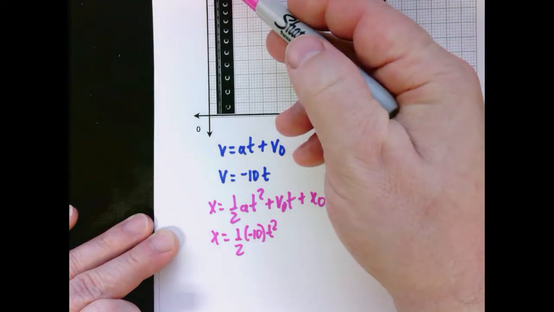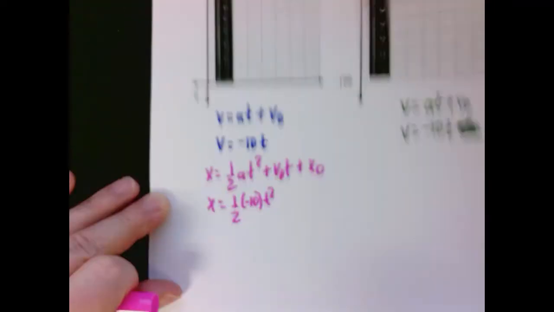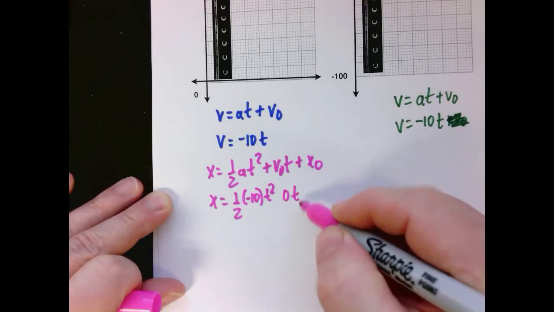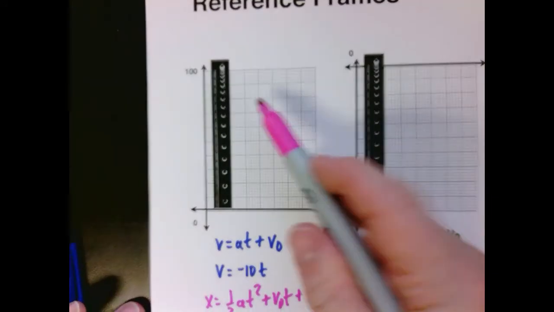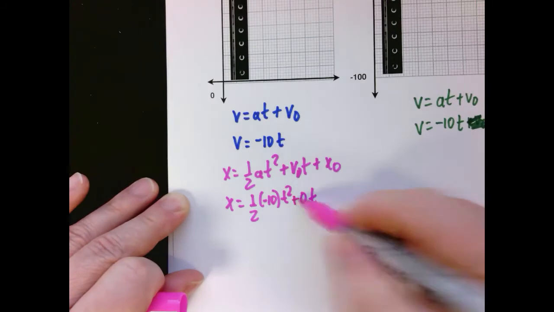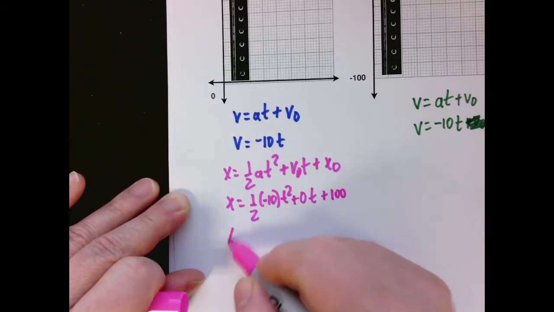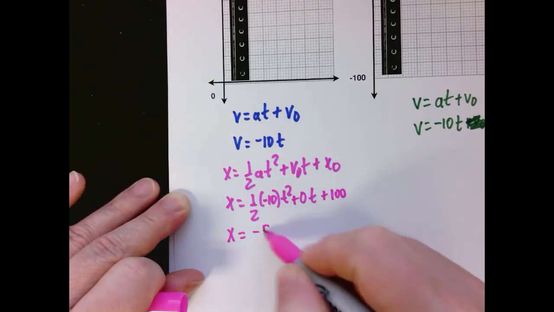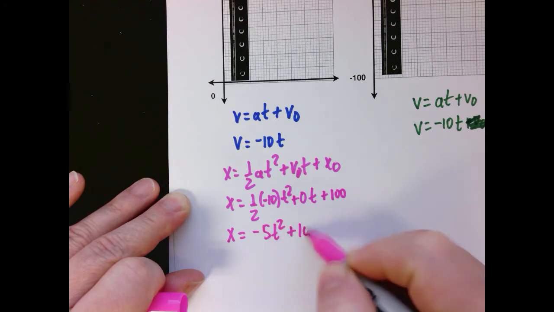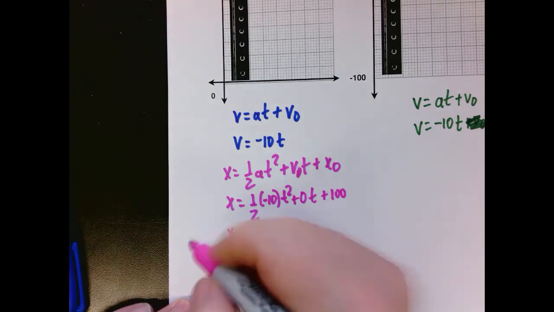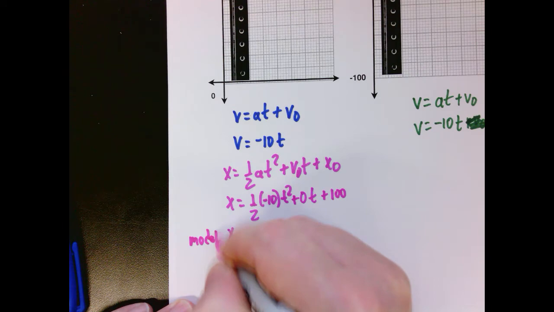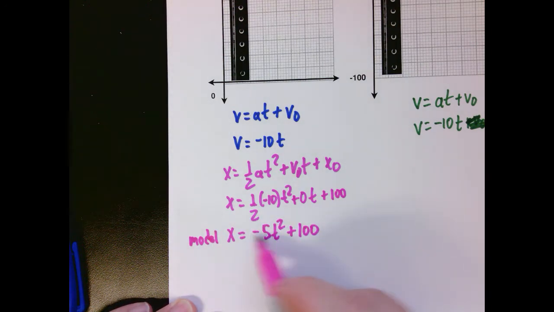The initial velocity, since it's being dropped, is 0, so we have 0t, and the initial position in this case is 100. That leaves us with x equals negative 5t squared plus 100. Now this is what we would call the model, the mathematical model that describes the position of this object.